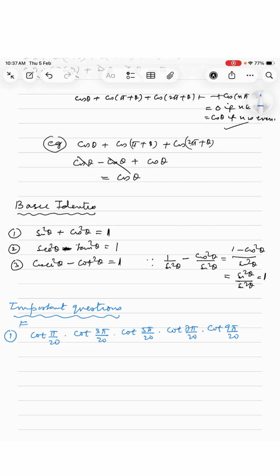Now the options given are, first option, -1, second option, 2, third option, half, fourth option, 1. Now which option is correct?